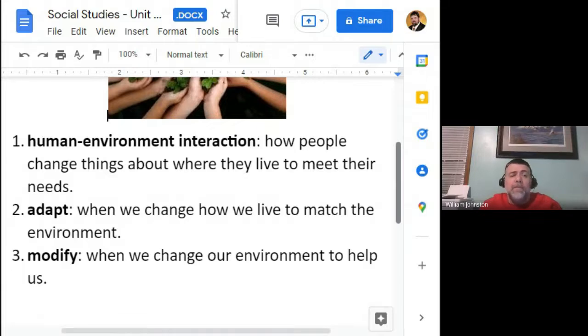So the first one, you would write human environment interaction and how people change things about where they live to meet their needs. Adapt, when we change how we live to match the environment, and modify, when we change our environment to help us. So I want you to copy down the words, write the definition, and draw a picture to go along with the word.